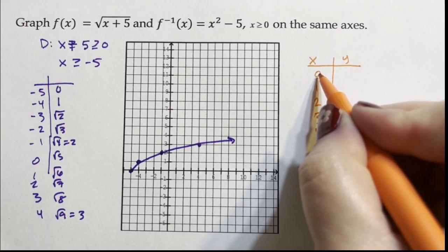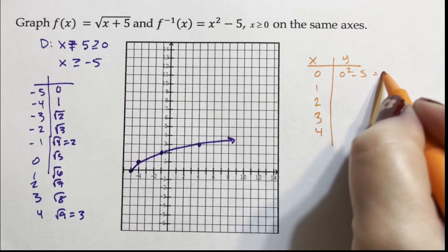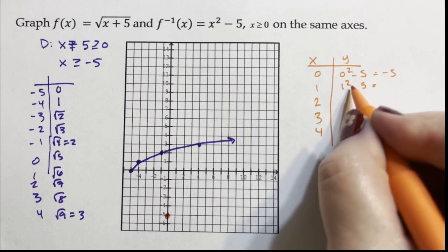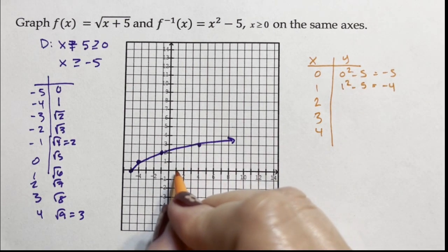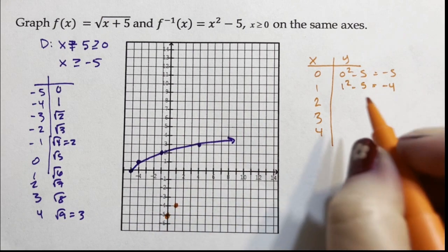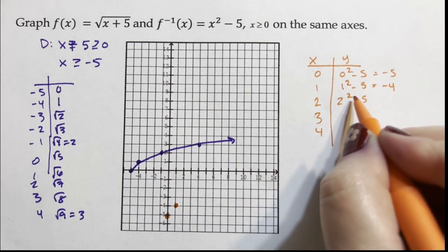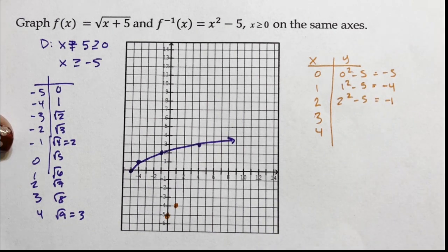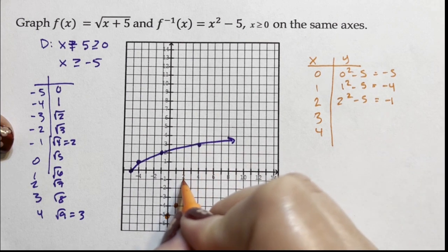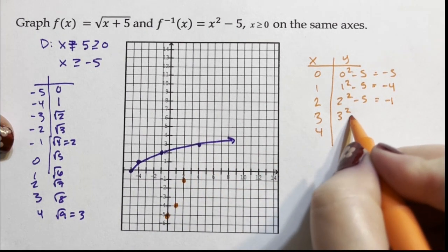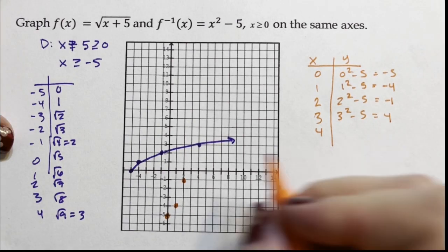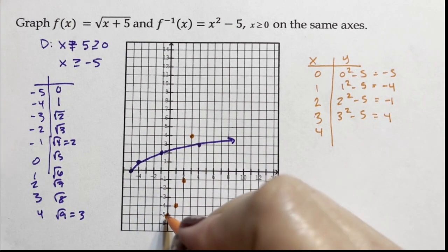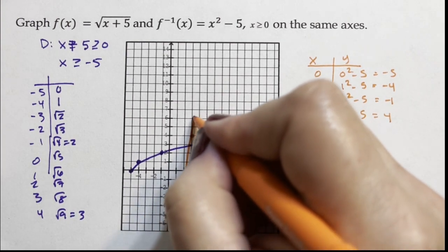If I do 0, I have 0 squared minus 5, which is -5. 1 squared minus 5, which is 1 minus 5, which is -4. 2 squared minus 5, which is 4 minus 5, which is -1. 3 squared minus 5, which is 9 minus 5, which is 4. And then I have a graph that looks something like this.